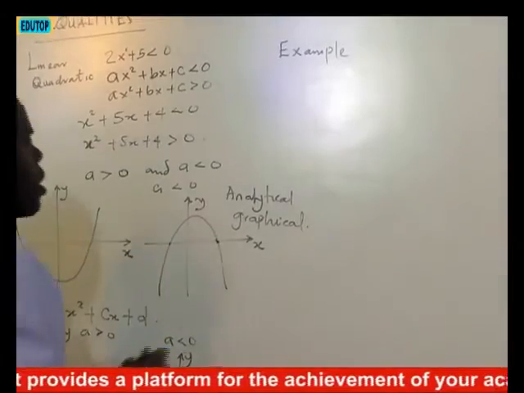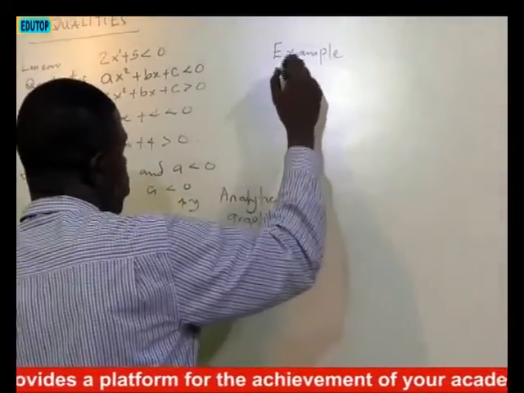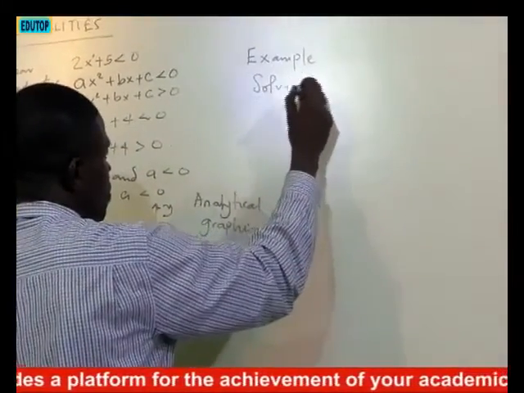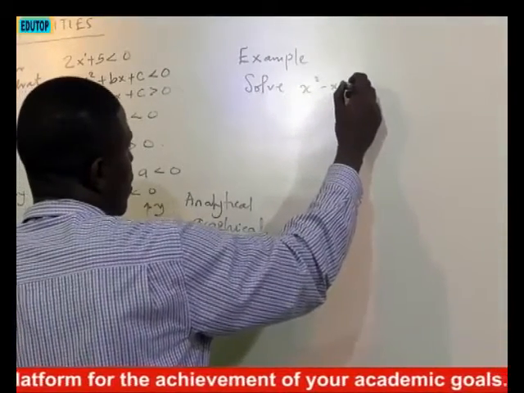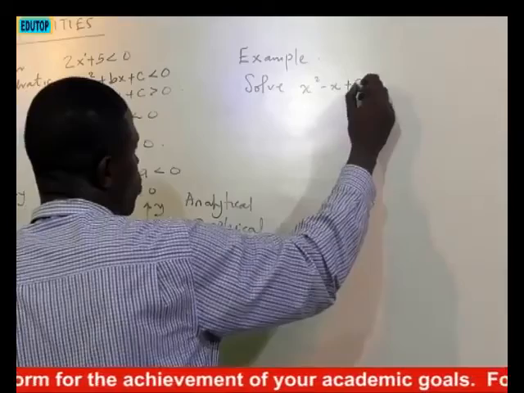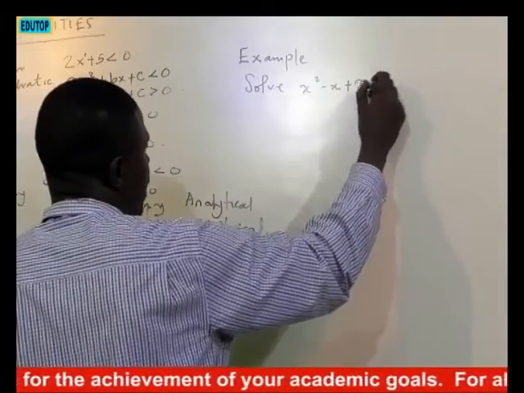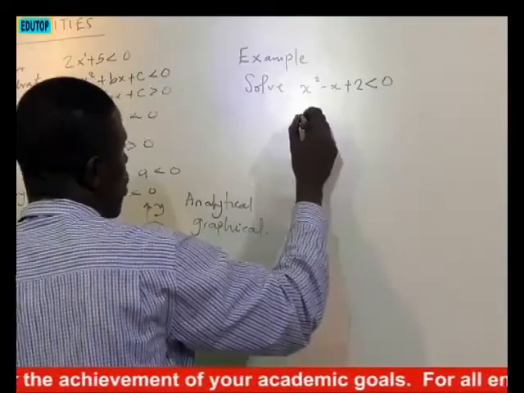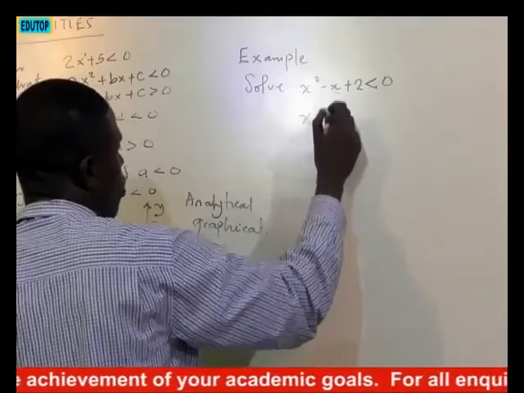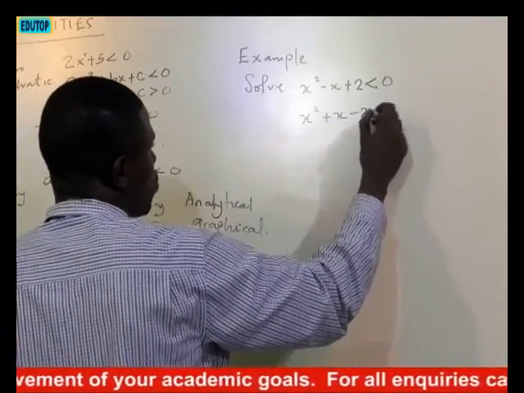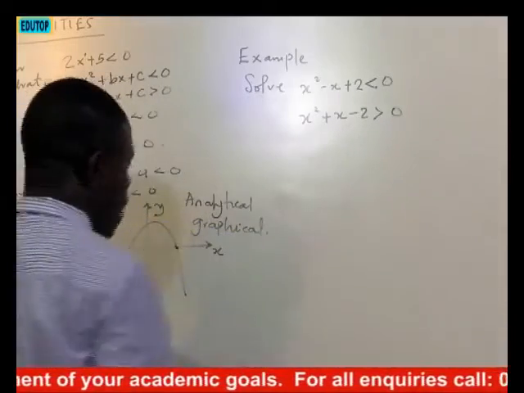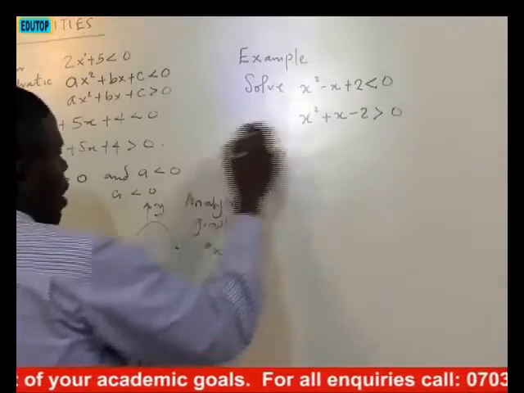Now, if a question asks us to solve, let's say, x squared minus x plus 2 less than 0, or we have x squared plus x minus 2 greater than 0. If you have a scenario like this, what are the factors of 2?